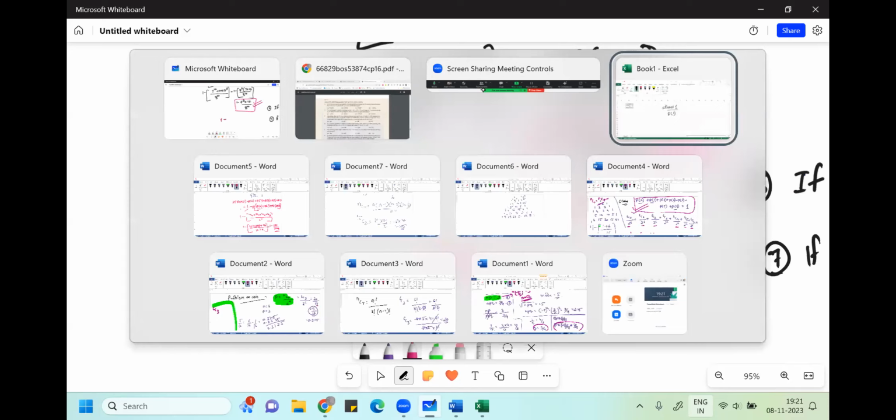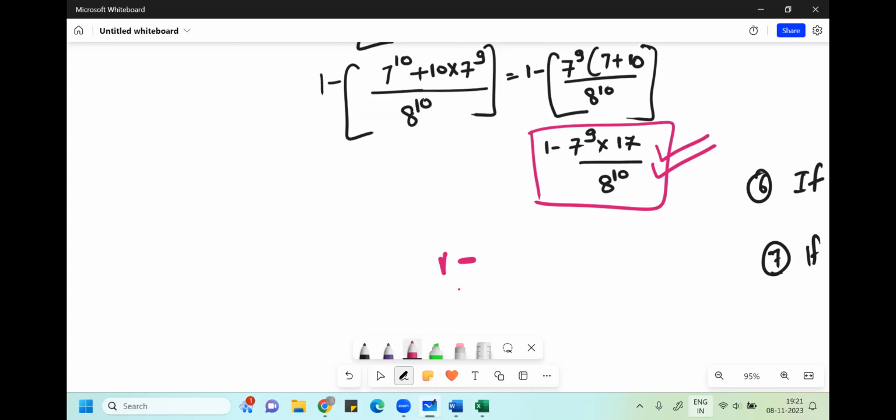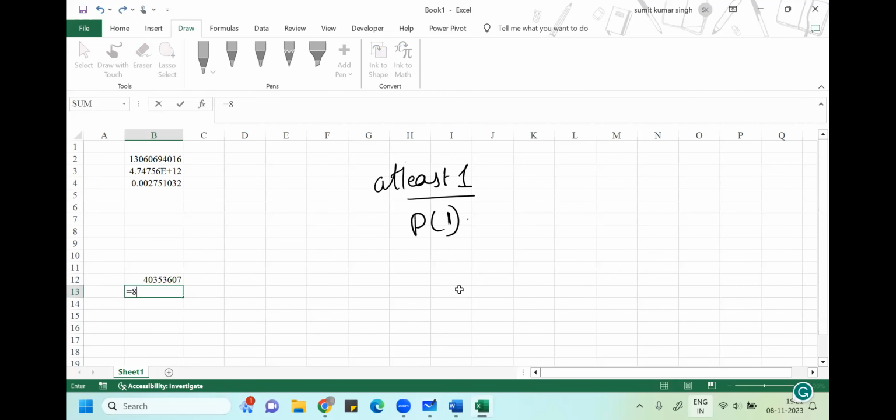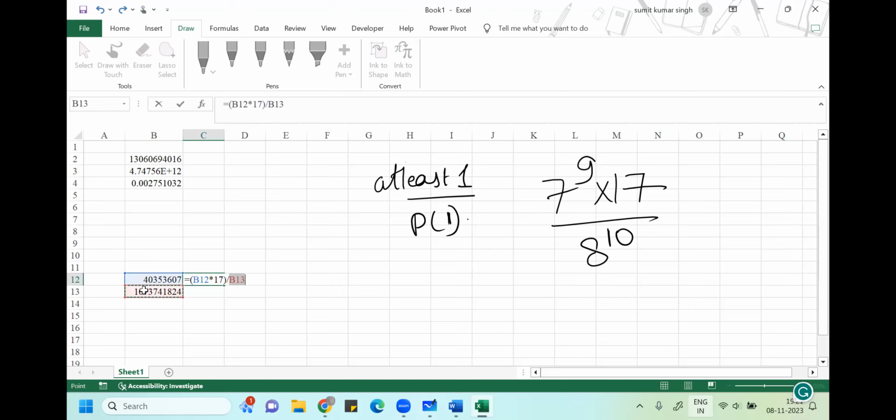So what is 7 to the power 9? We can use the calculator, it's not a big deal. And then 8 to the power 10. If I want 7 to the power 9 into 17 by 8 to the power 10, I'll use the calculator: 7 to the power 9 into 17 divided by 8 to the power 10.